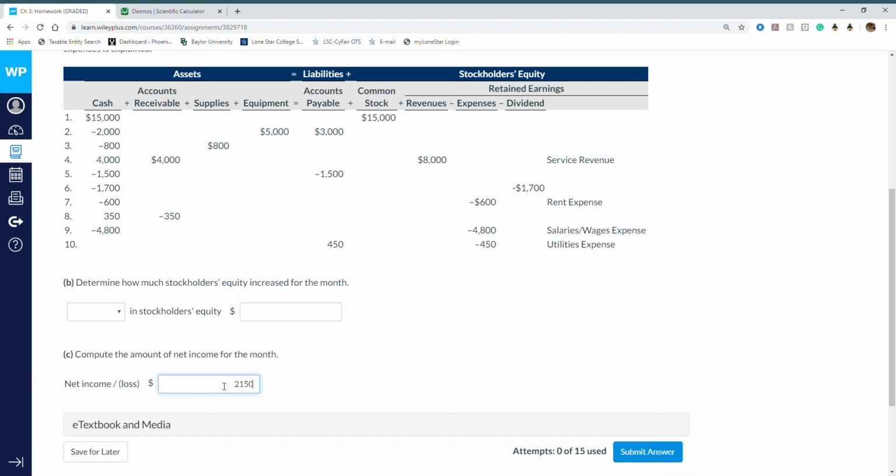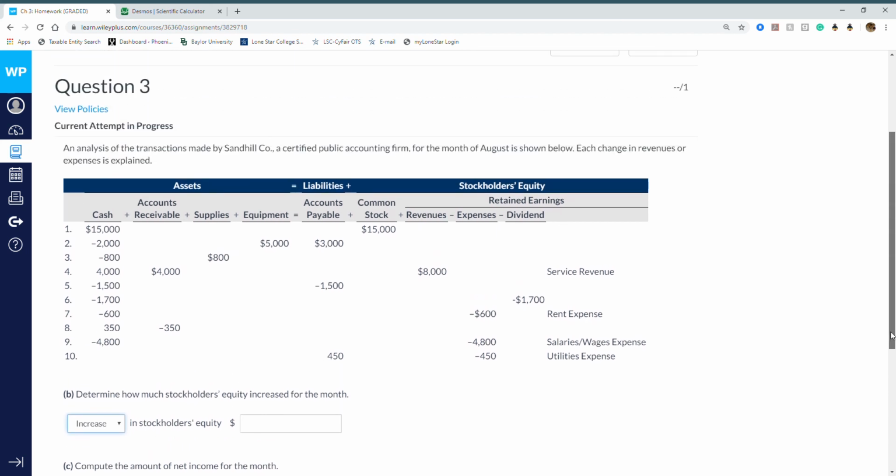Okay. Basically, are we going to increase? Well, yeah. Since it's talking about stockholders' equity, it did increase for this month, because it looks like this is the first month.